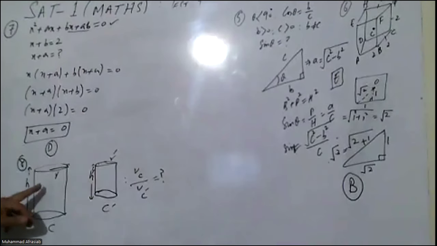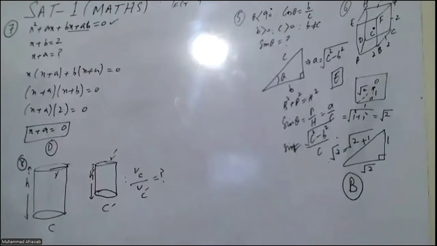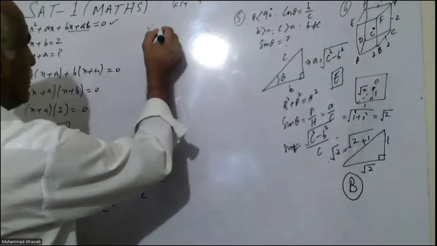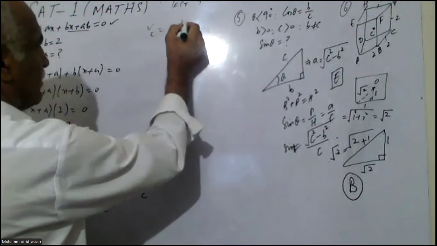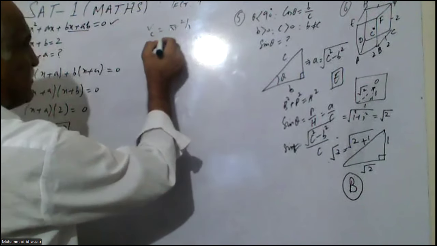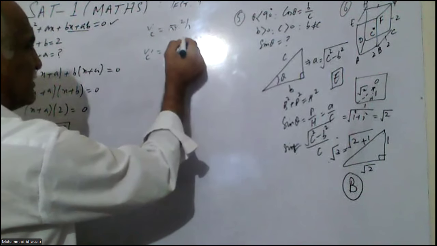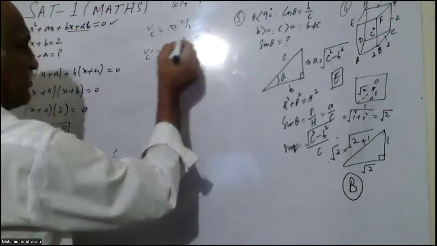Since we know that these two volumes are similar figures, the volume of C is equal to pi R square H, and the volume of C dash is equal to pi R dash square into H dash.